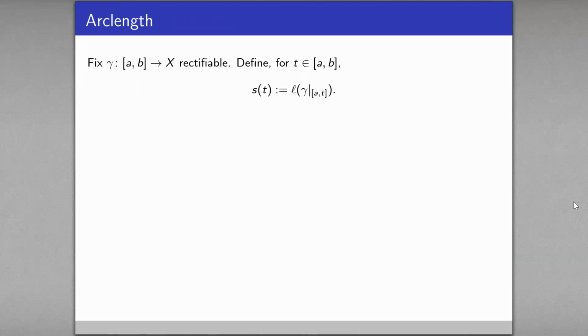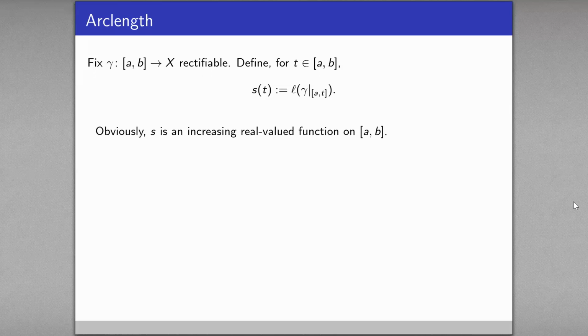Arc length. So toward this optimal parameterization that we have in mind, we define this real valued function. So you fix your curve, and for any time in that interval, you define the length that you obtain from part of the curve that is between a and t time intervals.